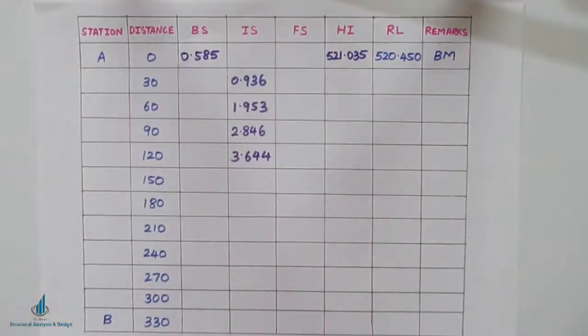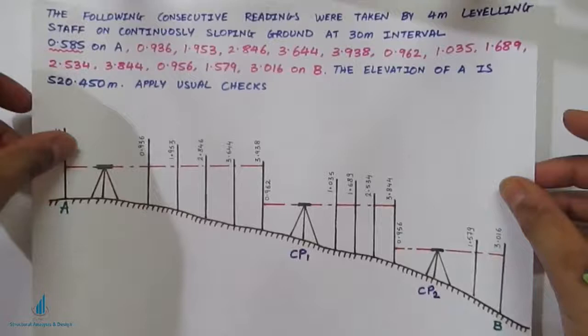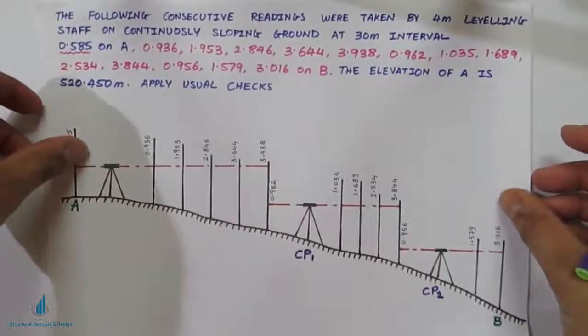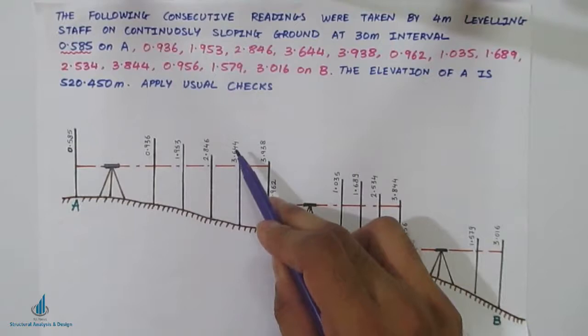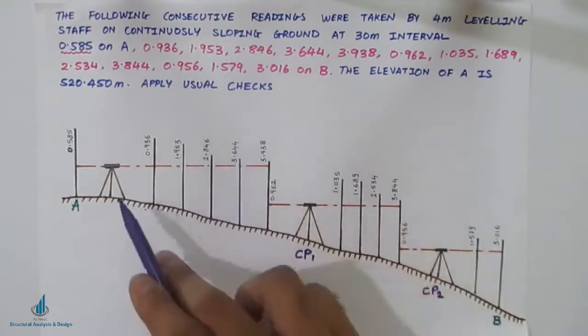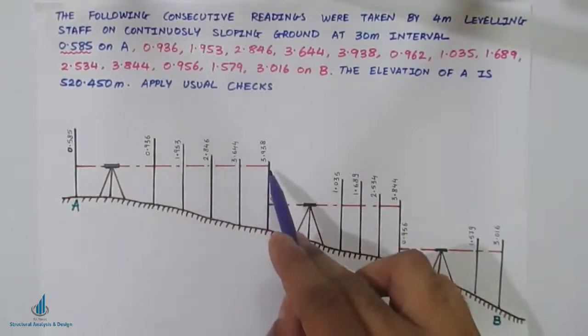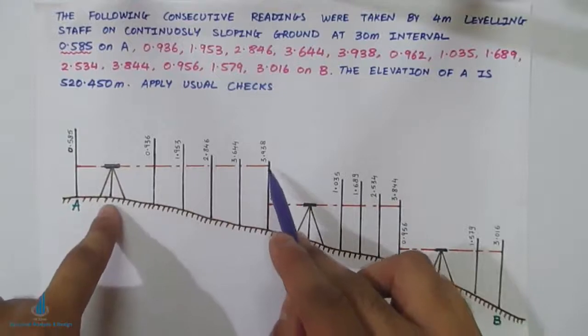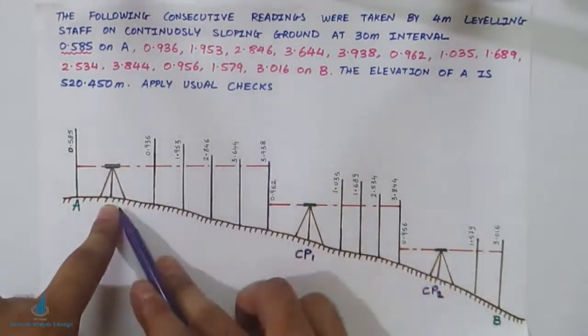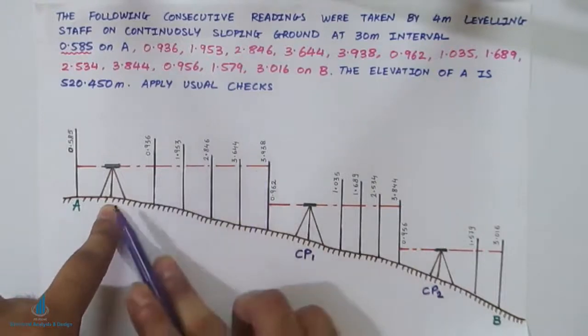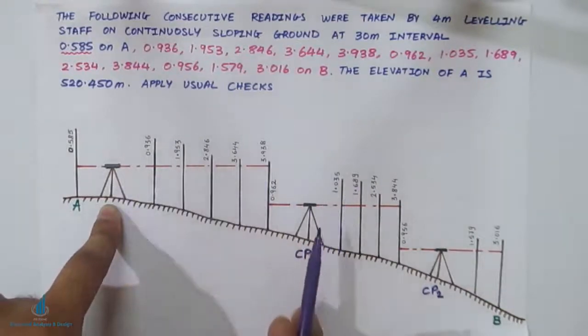What happens now is, again we'll get back to this figure. 3.644 till here you have written in the IS column. This fifth reading, 3.938, is also visible from this position. But after this staff reading, the instrument position is being shifted.